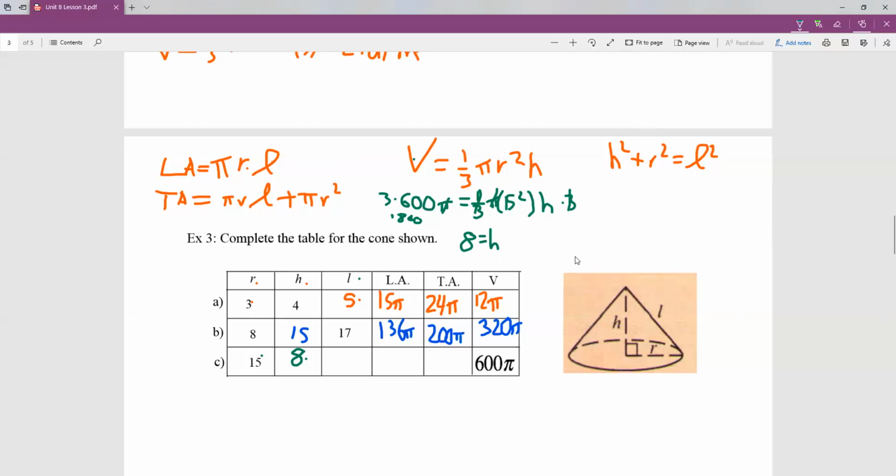The height is 8 squared, the radius is 15 squared, and that's equal to the slant height squared. 8 squared is 64, 15 squared is 225, and then l squared. 64 plus 225 gives us 289. Square root that, and you get 17.